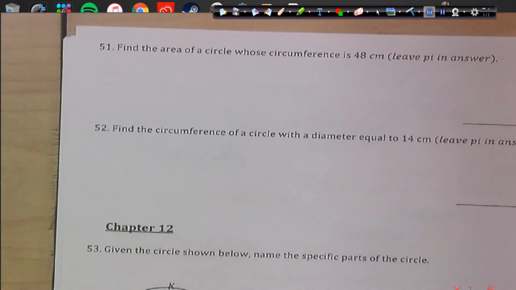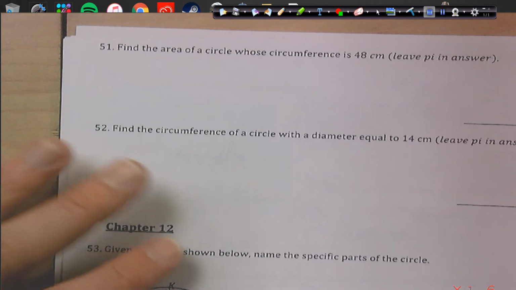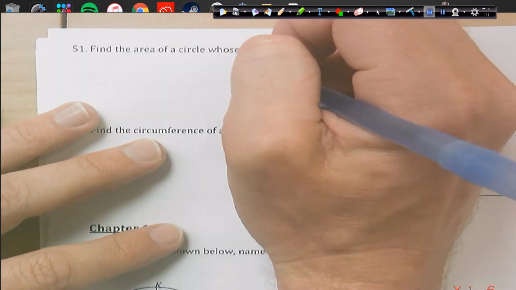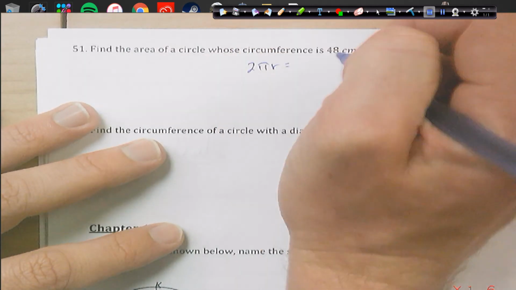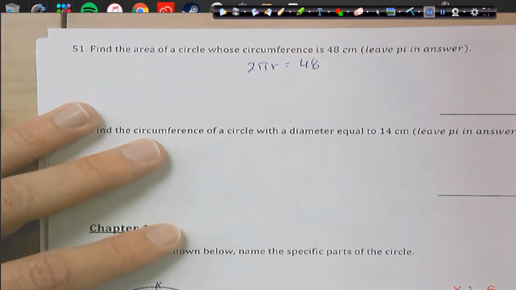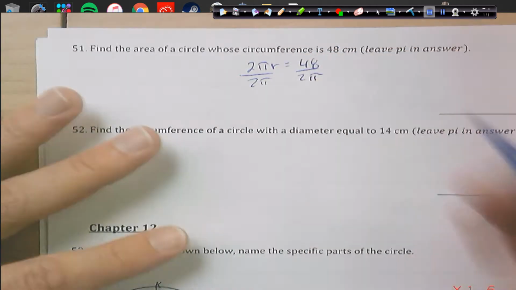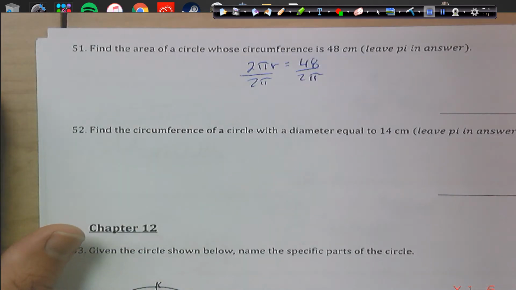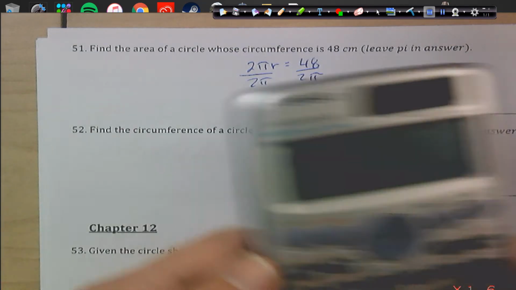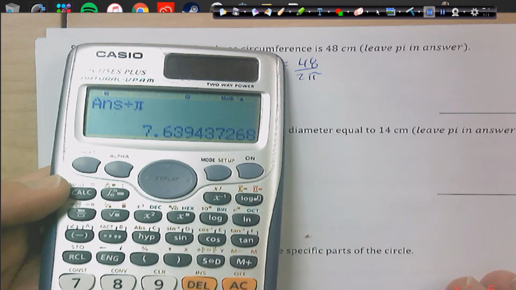Find the area of a circle whose circumference is 48 centimeters. So the circumference is 2 pi r. So that equals 48. So we can go ahead and solve for r by dividing by 2 pi. So 48 divided by 2 and then divided by pi. So it gives me about 7.63.